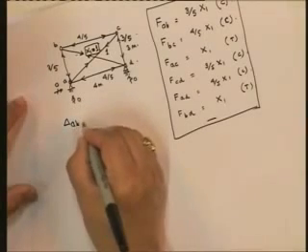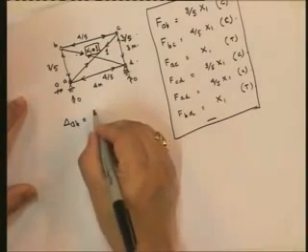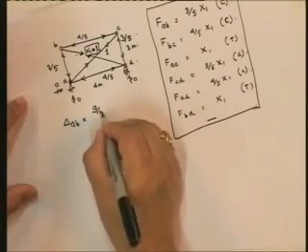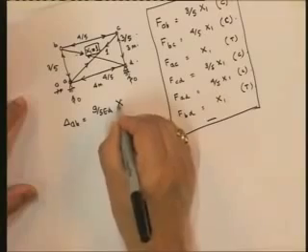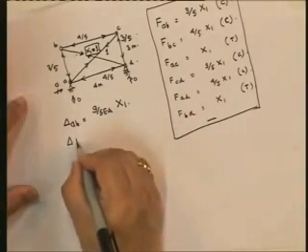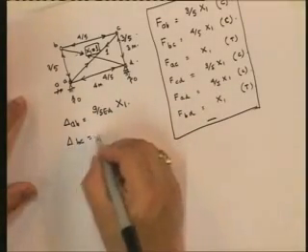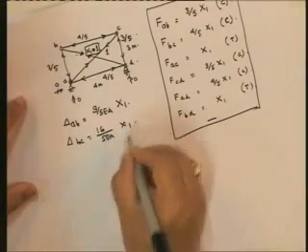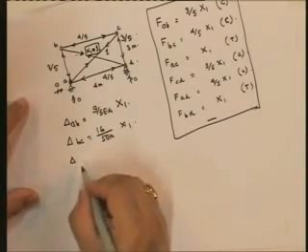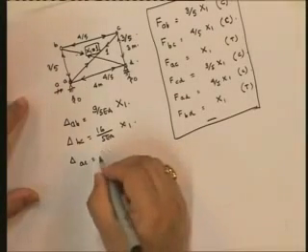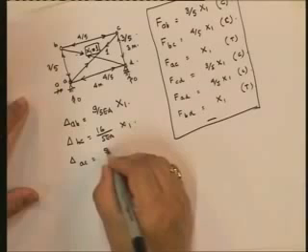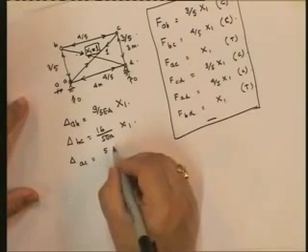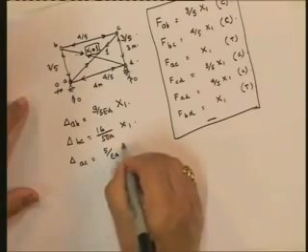Real deformation: delta AB is, note that I've already done this, 3 into 3, so this is going to be 9 by 5 EA x1. Delta BC is going to be equal to 16 by 5 EA x1. Delta AC is equal to 5 upon EA x1.